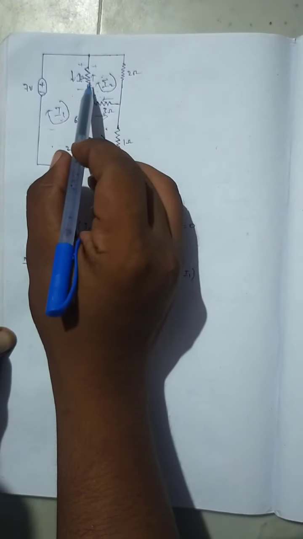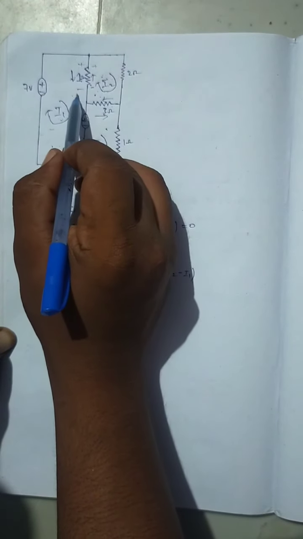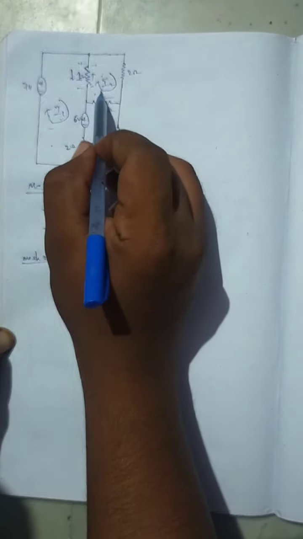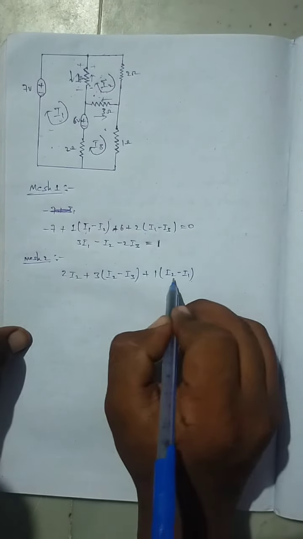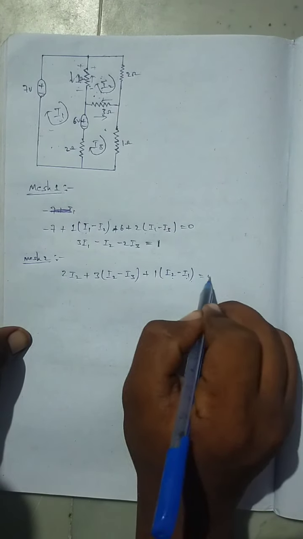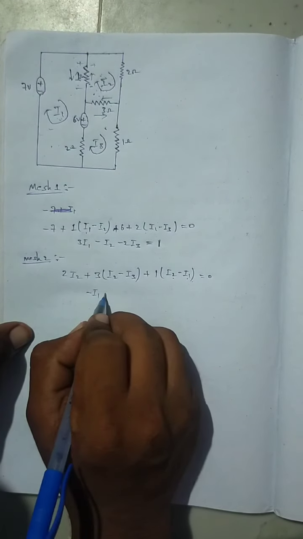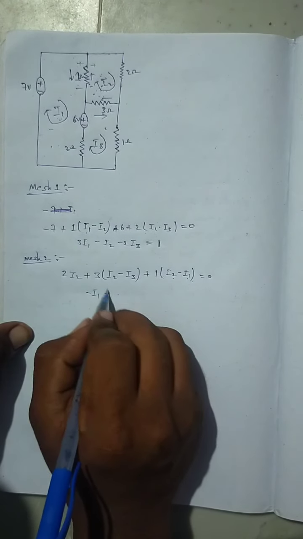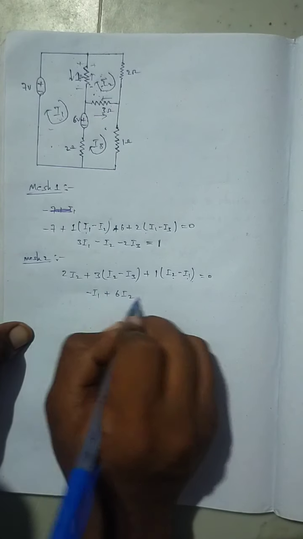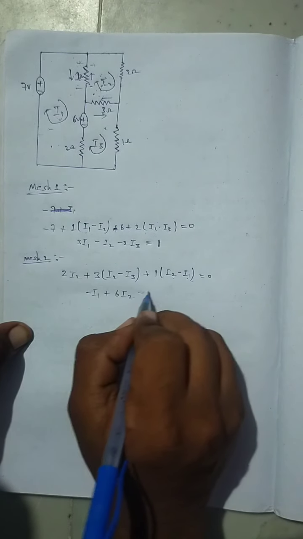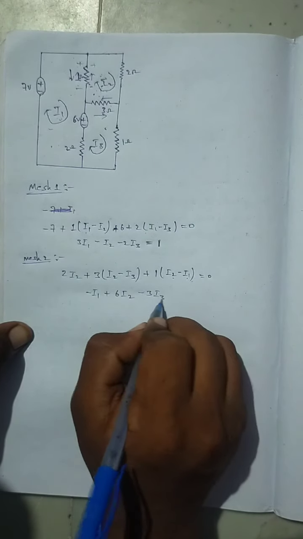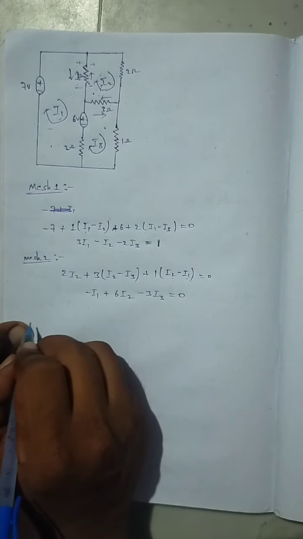Here in mesh 1, I1 is in the opposite direction to I2, so I2 minus I1 is equal to 0. Therefore minus I1 plus 6I2 minus 3I3 is equal to 0.